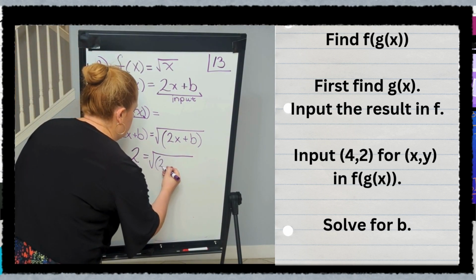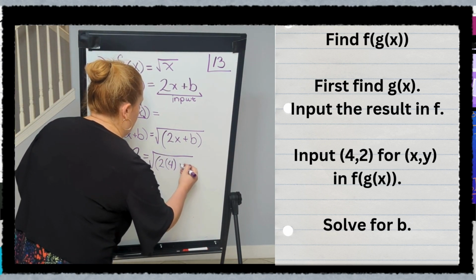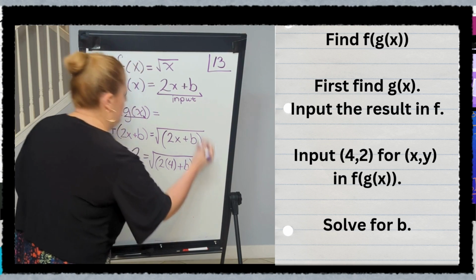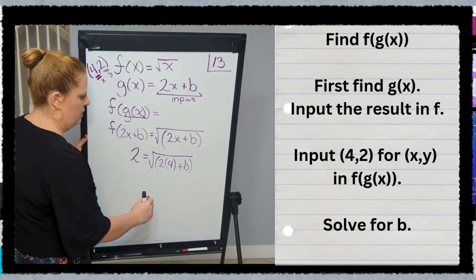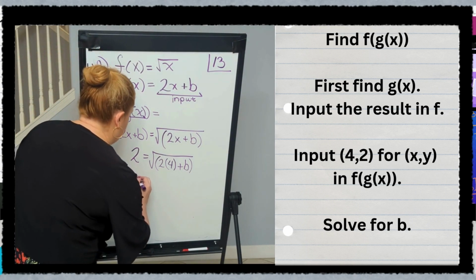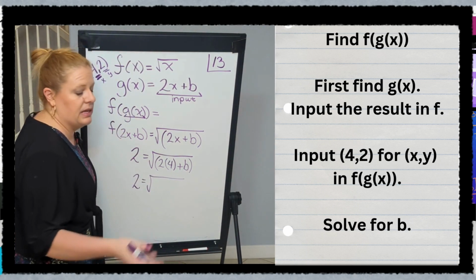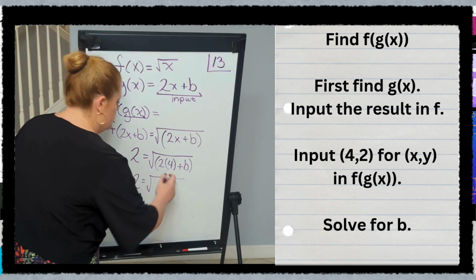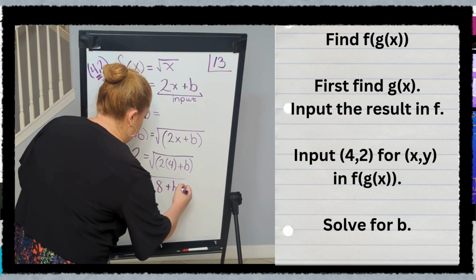So 2 times x plus b, and we have the square root of that whole thing. Let's simplify, and I don't know how this is going to work out exactly because I just made it up. 2 times 4 is 8 plus b.